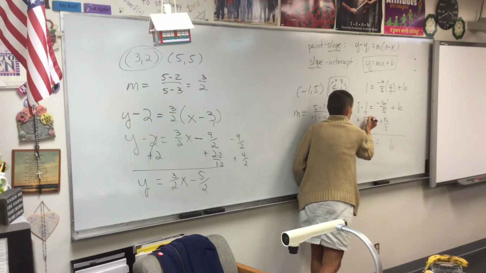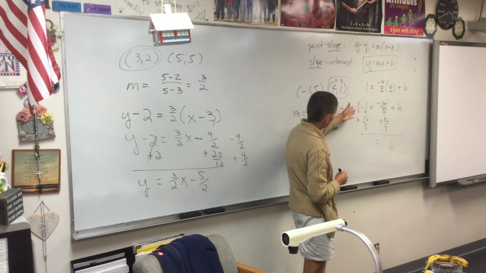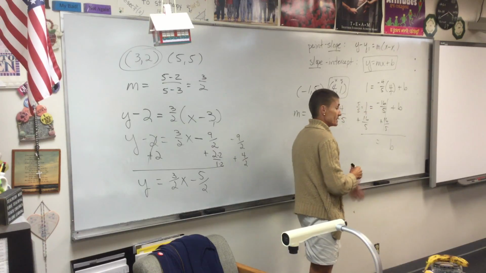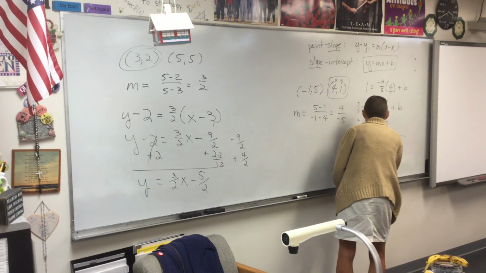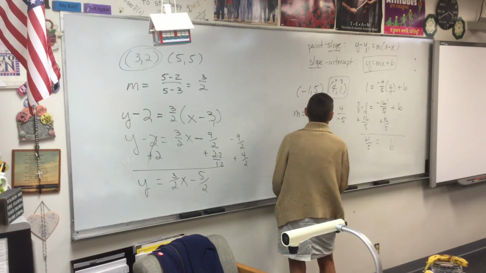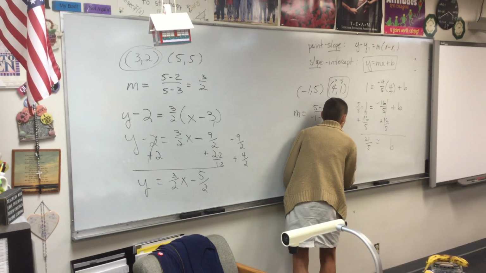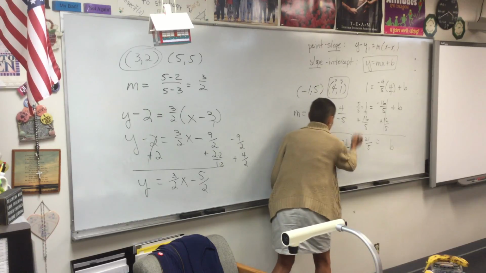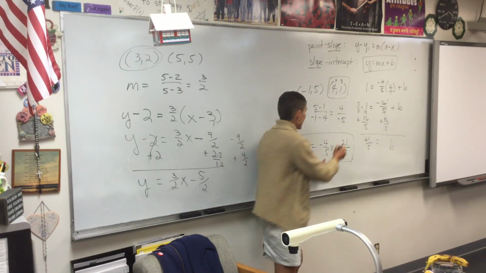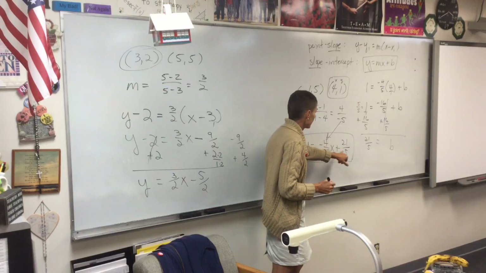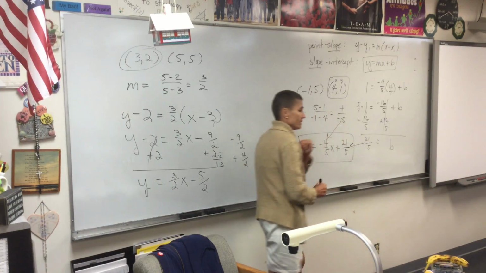This is 1 over 1, so it'd be 5 over 5. So 5/5 and 16/5 is 21/5. Y equals negative 4/5 x plus 21/5 is my final answer. Y equals mx plus b.